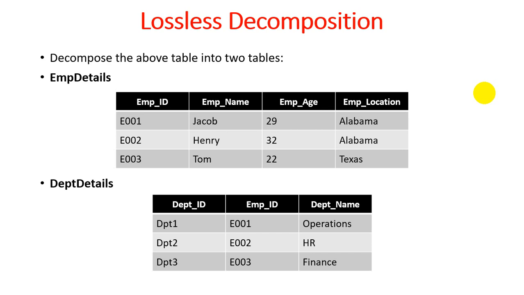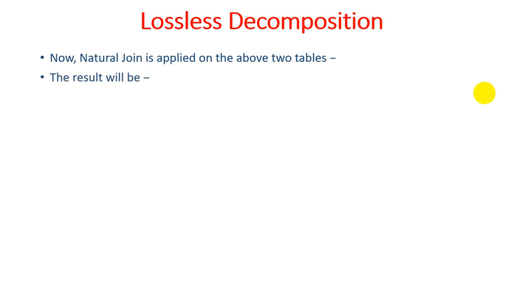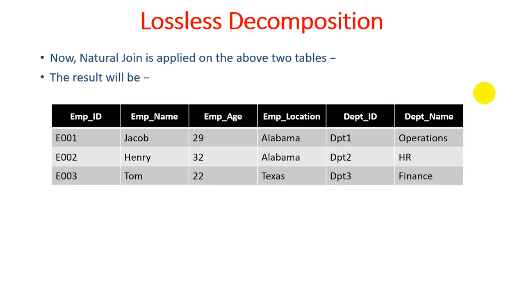And I think you remember how to perform a join and what the different conditions are to perform a join. Now a natural join is applied on the above 2 tables. The result will be the actual relation we get from both tables.